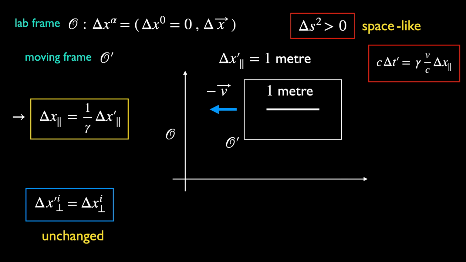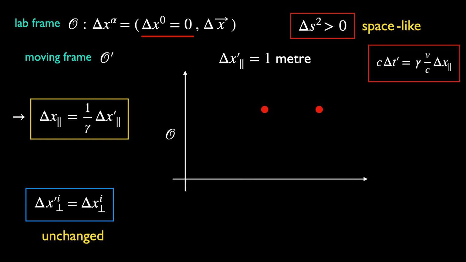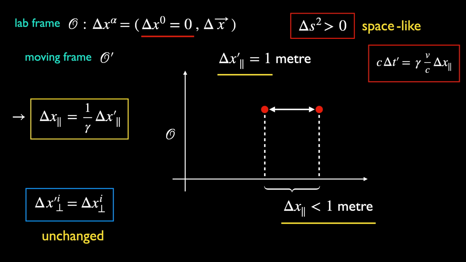And suppose, to measure the length of this meter rule, the observer O fires off 2 firecrackers simultaneously at both ends of the ruler, as O' is moving past him. By measuring the distance between the burnt marks in his reference frame, O should measure the length of the ruler carried by O' to be less than 1 meter, according to our result.